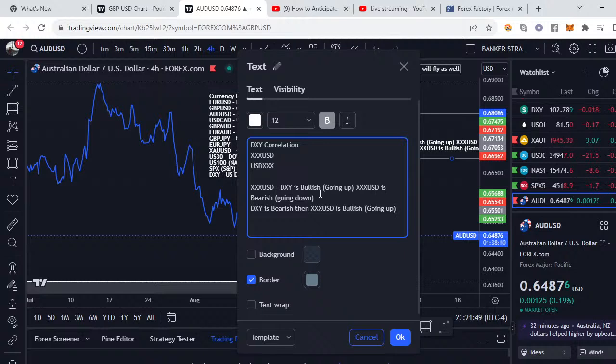Okay. So if the DXY is bullish, which means going up, that means the opposite is going down. If DXY is bearish, then the opposite is going up.